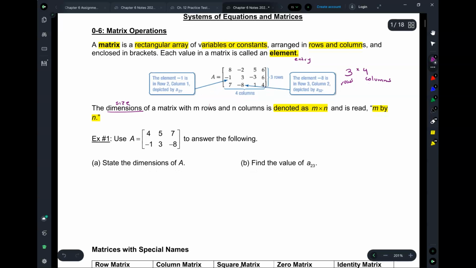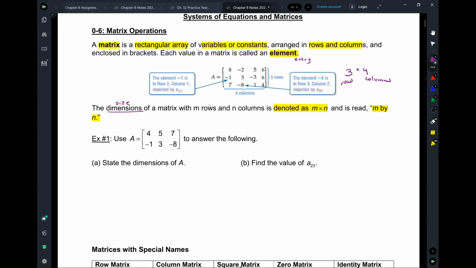Now, in here we have 3 rows, 4 columns, and all the different elements. Each element, yes, has a value, but it also has a label or a name, okay? And the name of each element is basically the place that it holds. It's like where it sits in the matrix, okay?